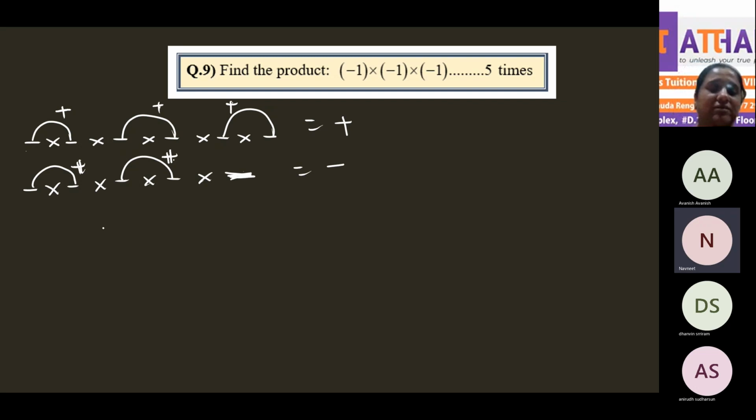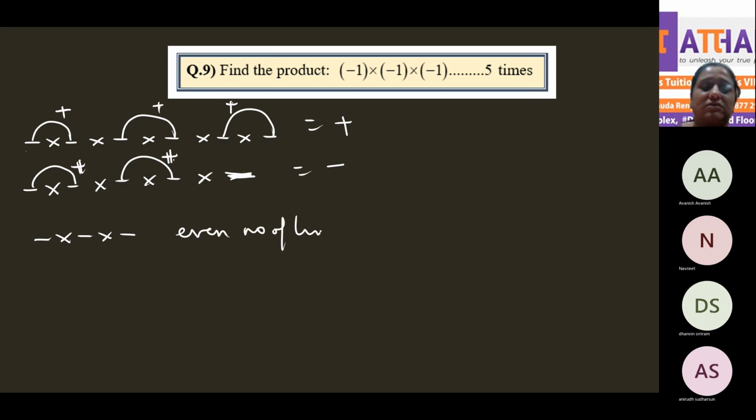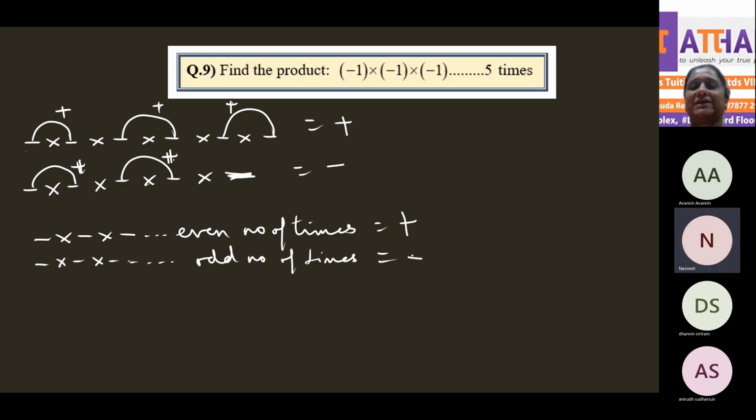So as Anirudh said, the product of an even number of minus signs gives a plus. If you have minus into minus into minus going on an odd number of times, it will be minus.